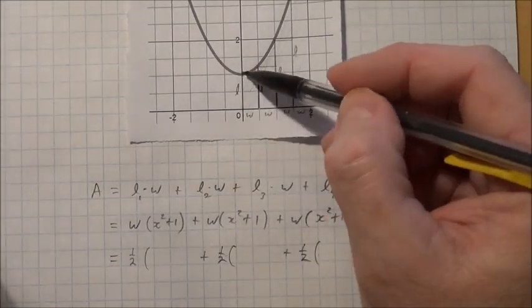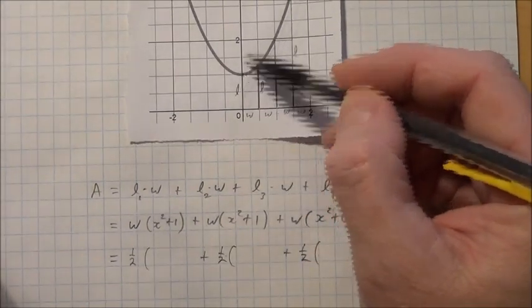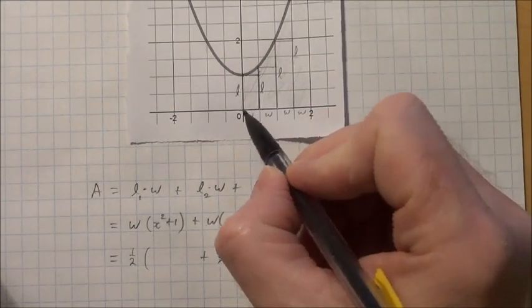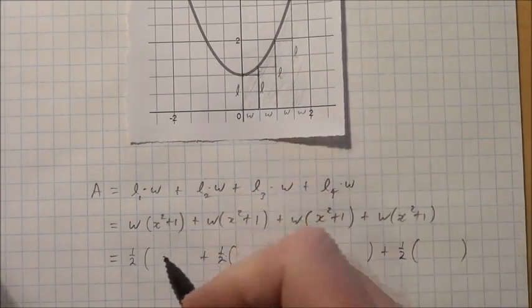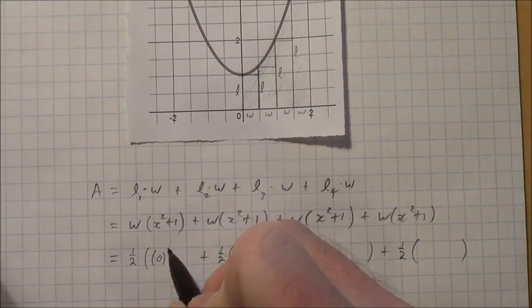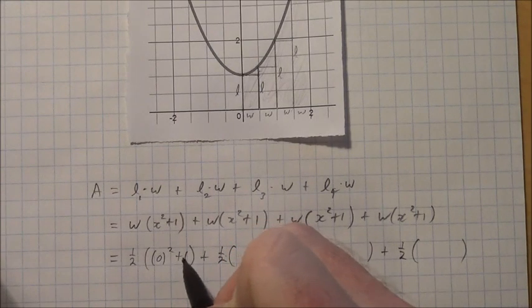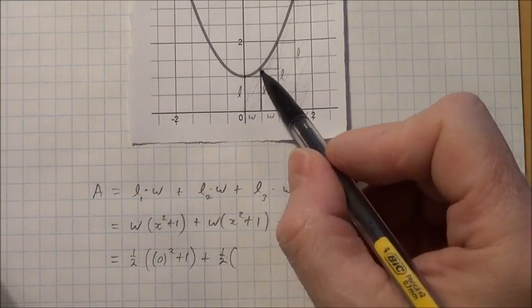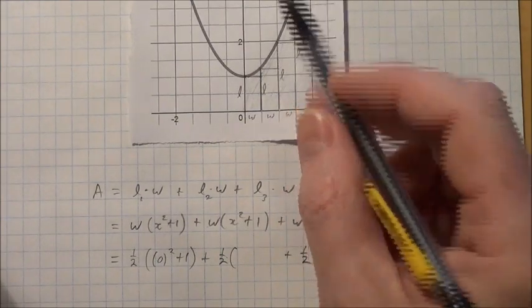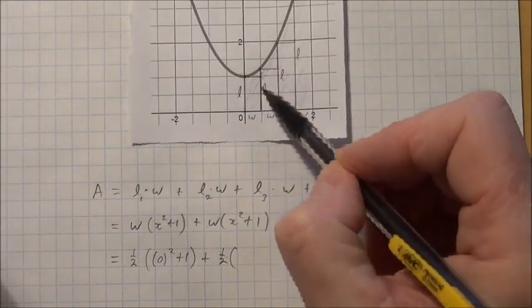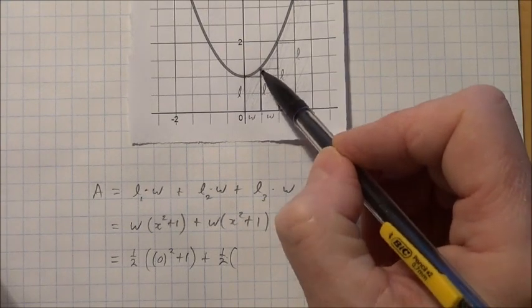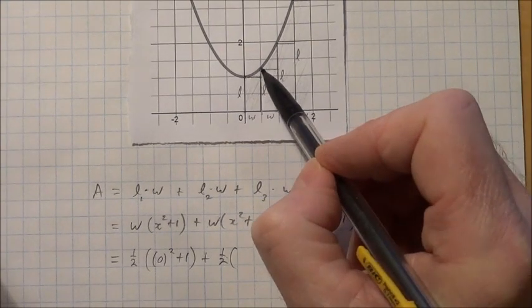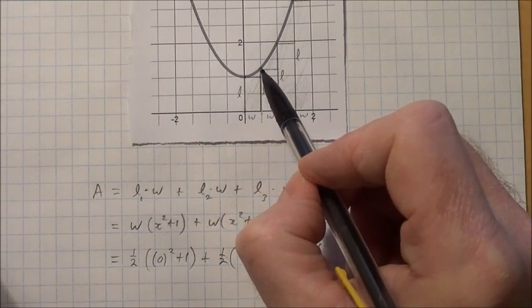Now, for this height here, it's x squared plus 1 when x is equal to 0. So here I'm going to put 0 squared plus 1. Okay? This length is going to be x squared plus 1 when x is 1/2. Because when x is 1/2, f of 1/2 is that y value right there.